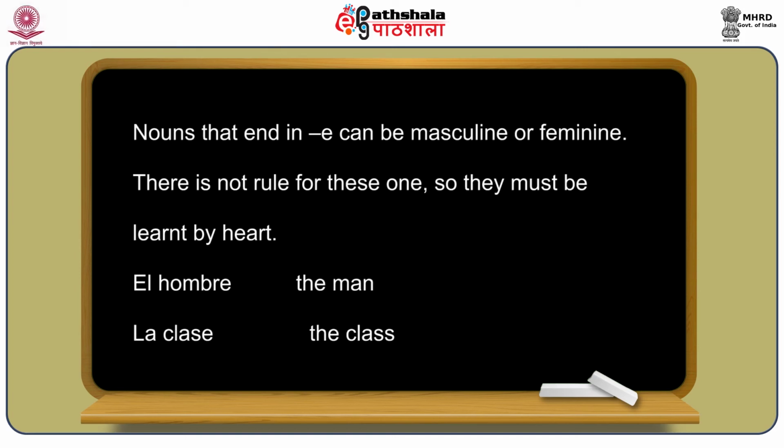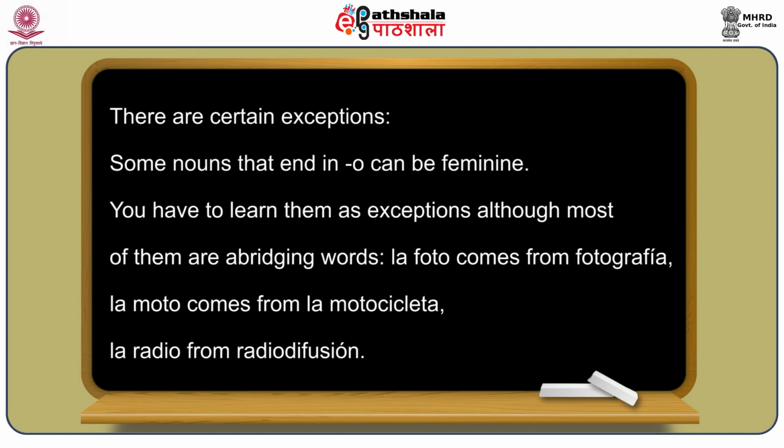Now there are certain exceptions to the rules that you have learned, that nouns which end normally in o are masculine. So exceptions to these are, for example, words like foto, which means photo, so even though it ends in o, it is la foto.